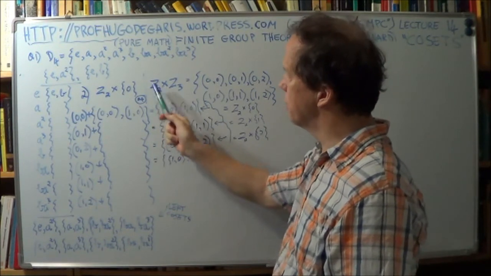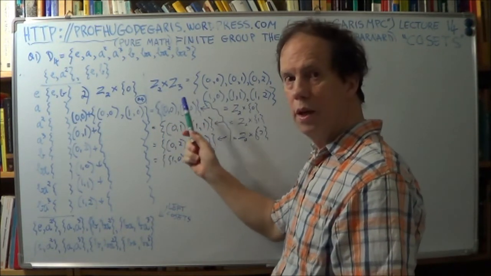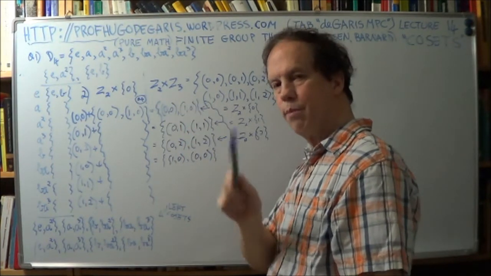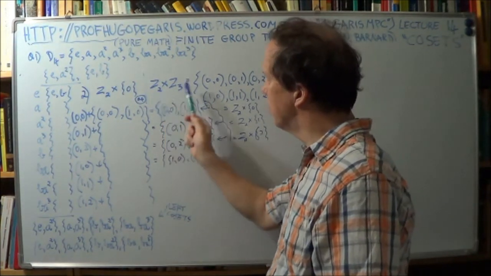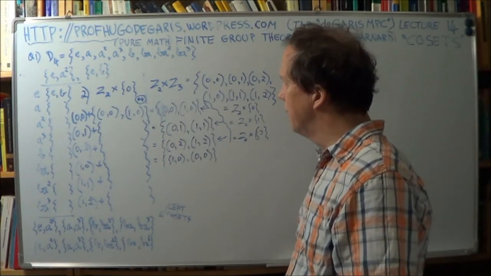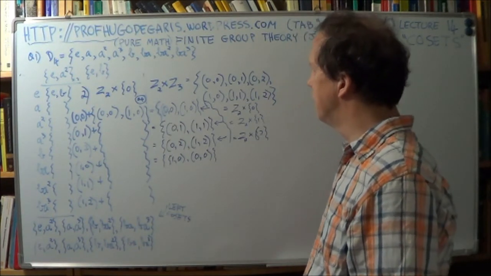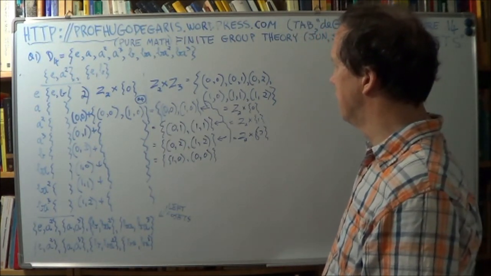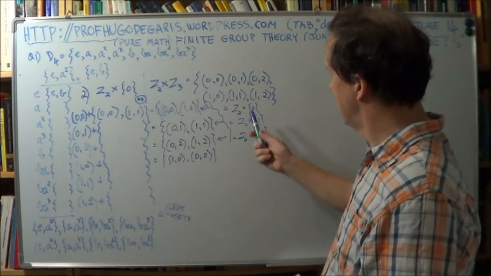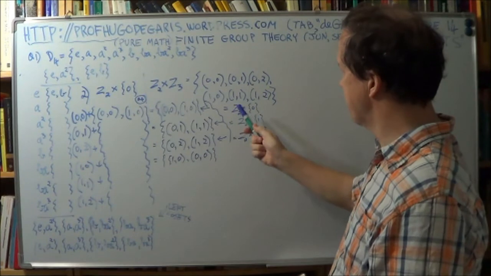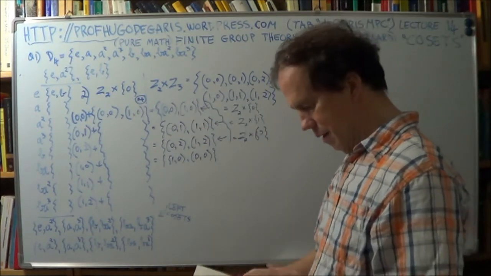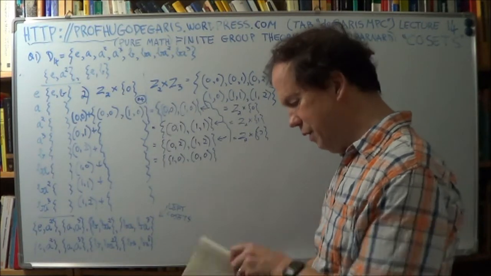The order of Z2 is 2, the order of Z3 is 3, and when you have a direct product, the order is the product of these two, so the order of this is 6. Okay? So you'll have three cosets. Well, because the other 3 are the same. So, right. So pass on.